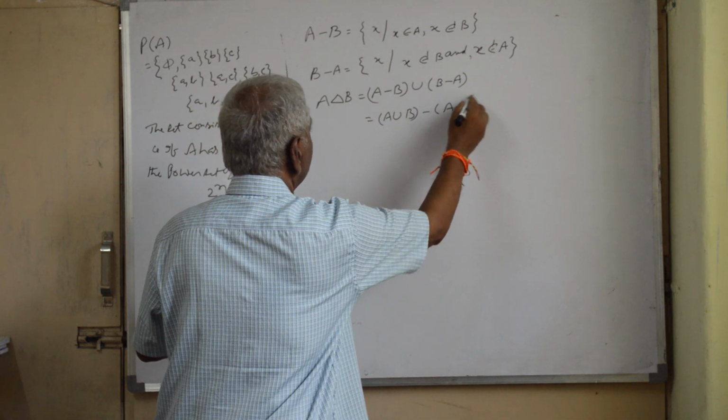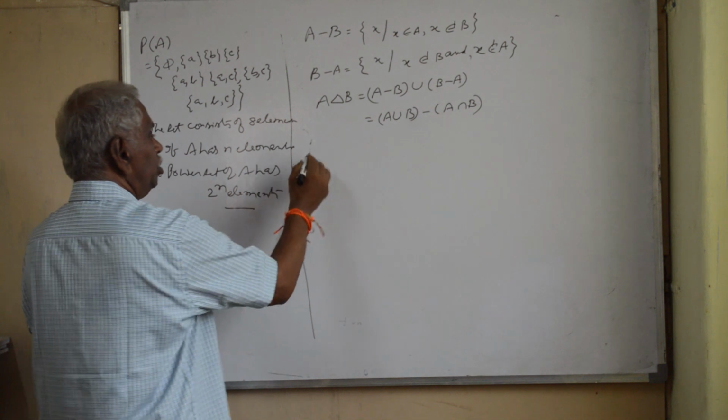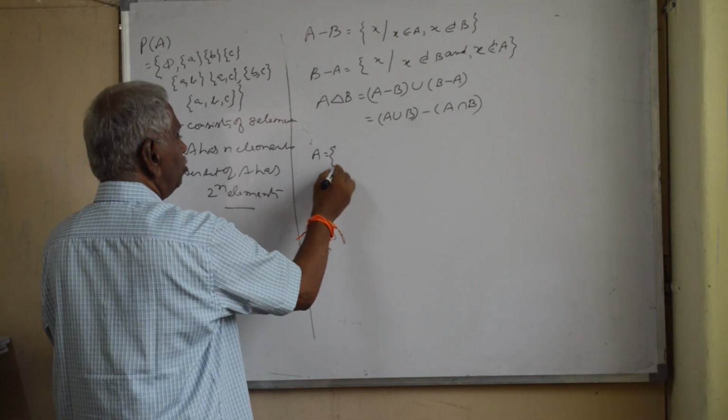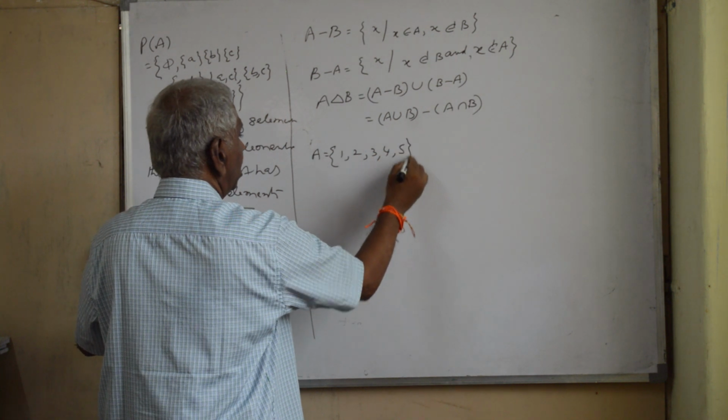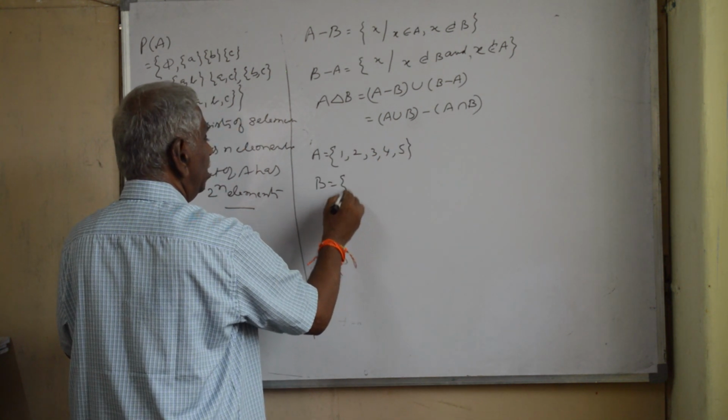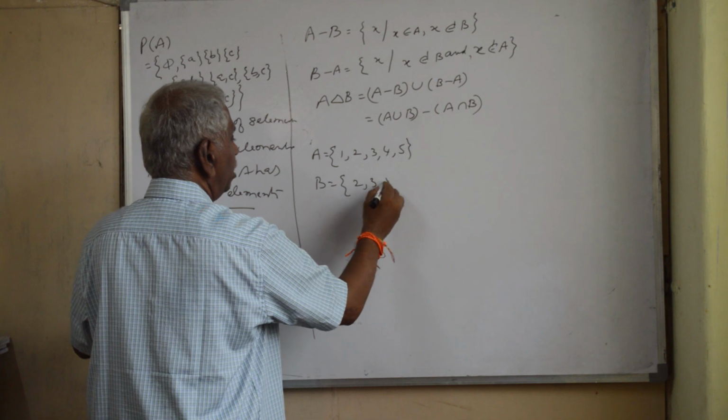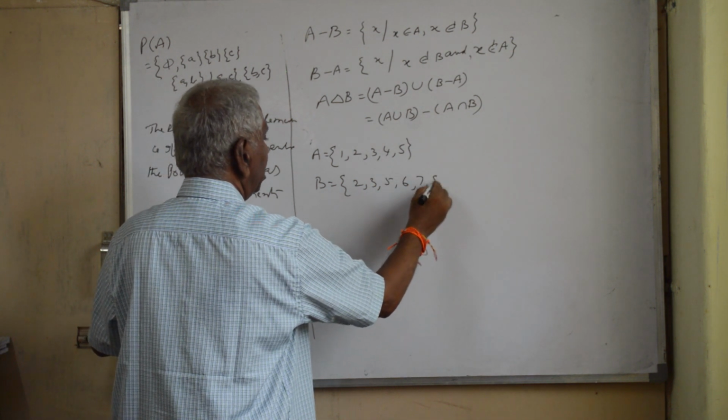So let us consider this one. First, take an example. A is equal to {1, 2, 3, 4, 5} and B is equal to say {2, 3, 5, 6, 7, 8}.